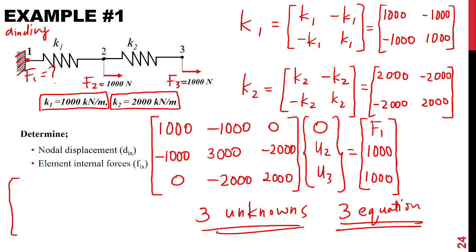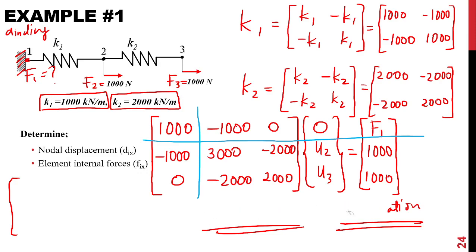Kalau sini kosong, you can simplify your matrix like this. Sebab apa? Sebab sini kosong. So benda yang kamu kena solve kan adalah 2 by 2 aja lah dalam case ni.